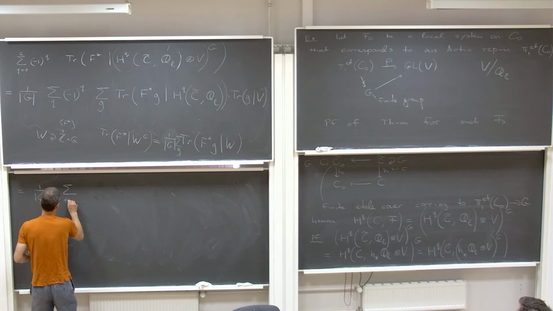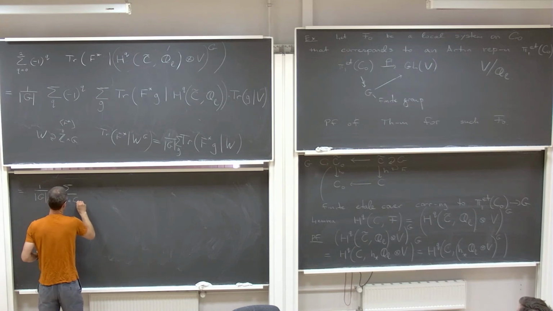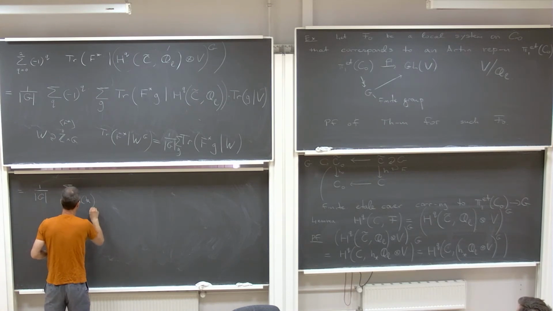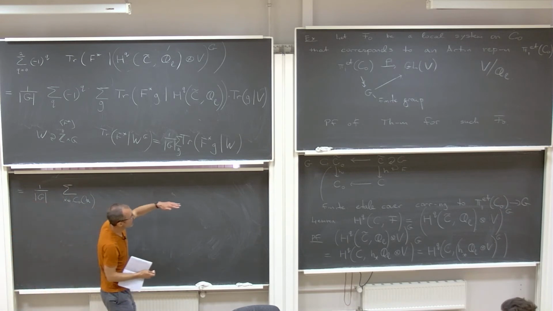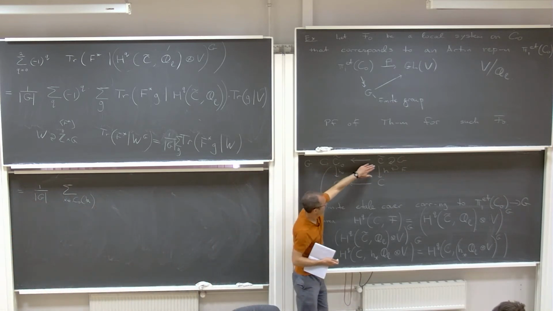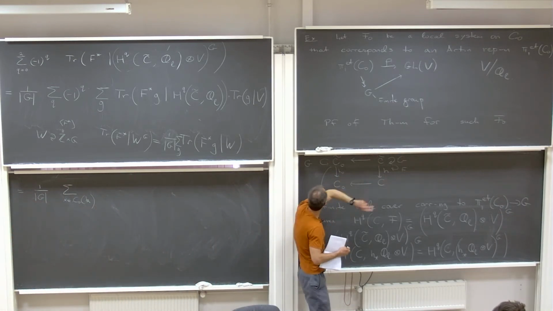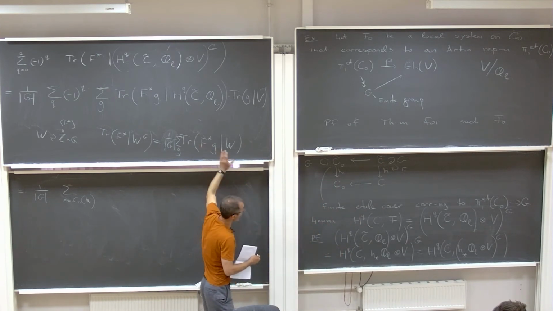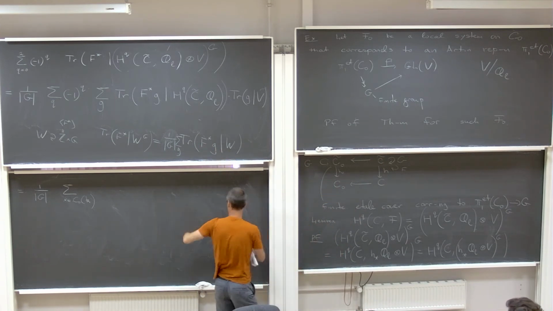C_0 of K. And now let's see what are the fixed points of C tilde fixed under this map, over x.